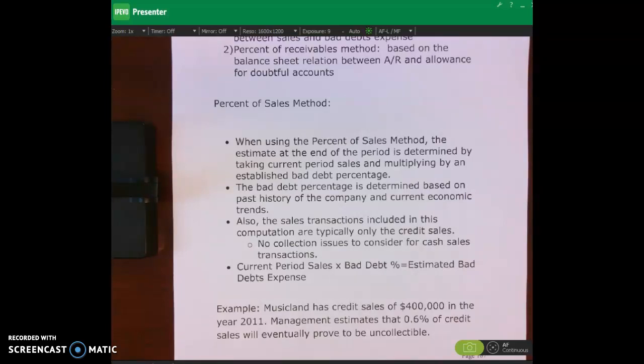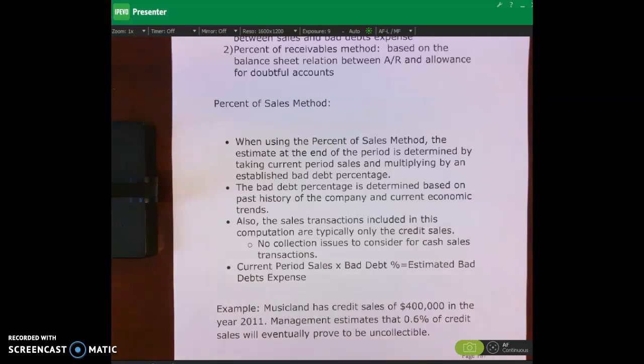Because if we have a cash sale, well, we collected cash right away. So you don't base it off cash sales, you base it off credit sales. That makes more sense. And we basically would look at history and say, well, in the past, we've not collected 1%, whatever percentage of our credit sales, and we multiply that percentage times our credit sales, and that's how much we debit bad debts expense for.